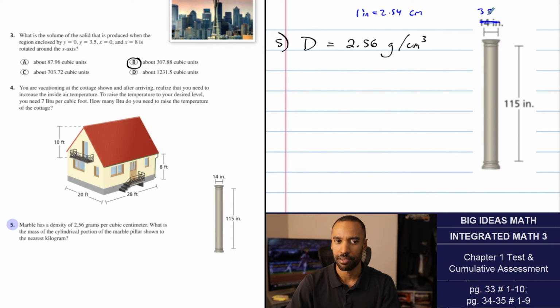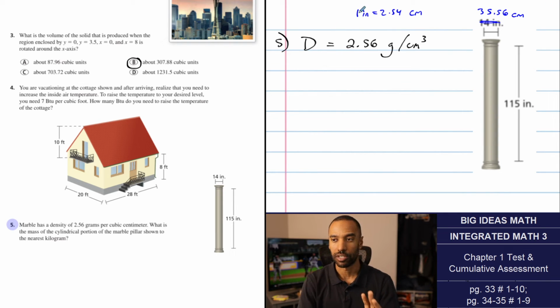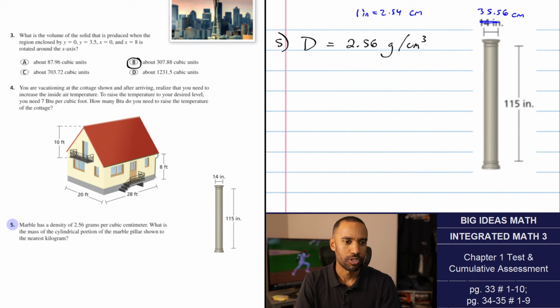So 14 times 2.54 is 35.56 centimeters. And remember, that's the diameter. We still need to probably find the radius when it comes to a cylinder's volume. 115 times 2.54. And not to confuse it with this 2.56, right? That's really close to 2.54, but completely unrelated to what I'm doing right now. 292.1 centimeters.